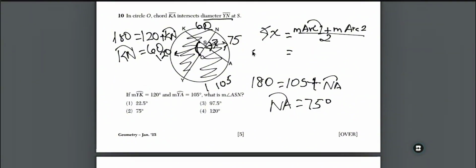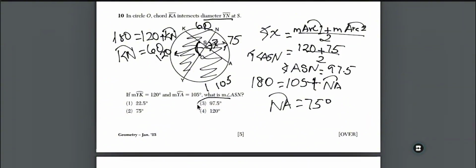So the measurement of angle ASN is equal to arc 1, which is 120, plus the measure of arc 2, which is 75, divided by 2. And then when I put that into my calculator, the measurement of angle ASN is going to be equal to 97.5. Answer choice number 3.